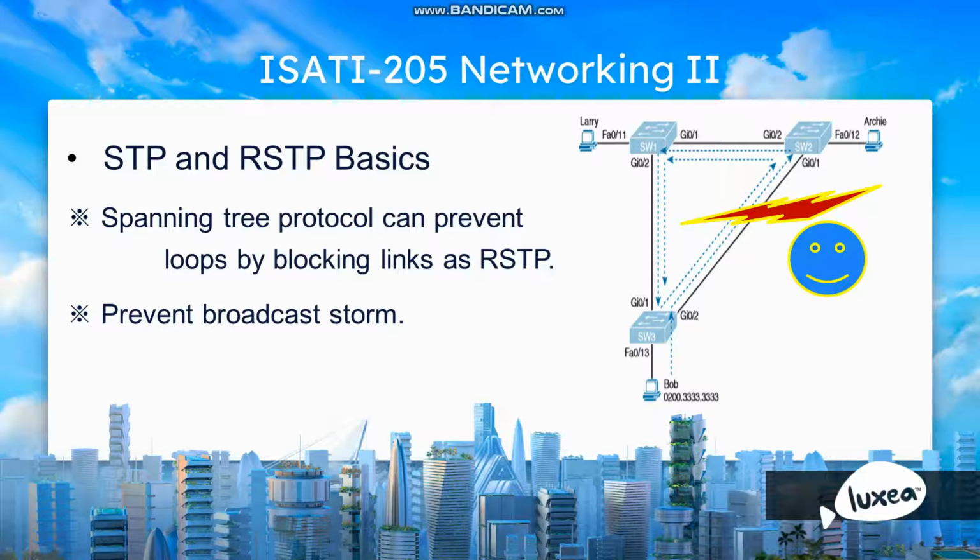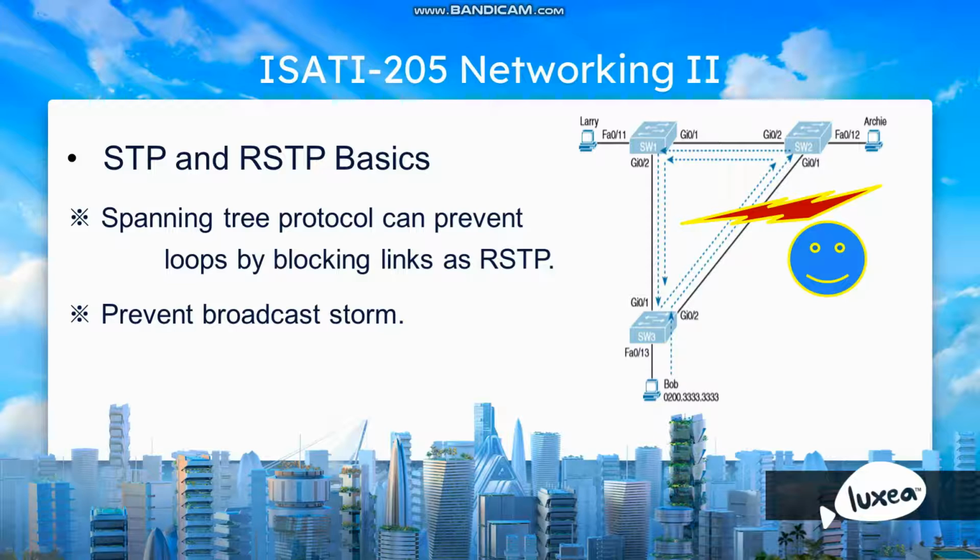Basically it is for looping. Just one loop causes a broadcast storm. A broadcast storm means any kind of Ethernet frames loop around a LAN indefinitely, and multiple copies of the frame will arrive at the destination, meaning that our network is going to be down.